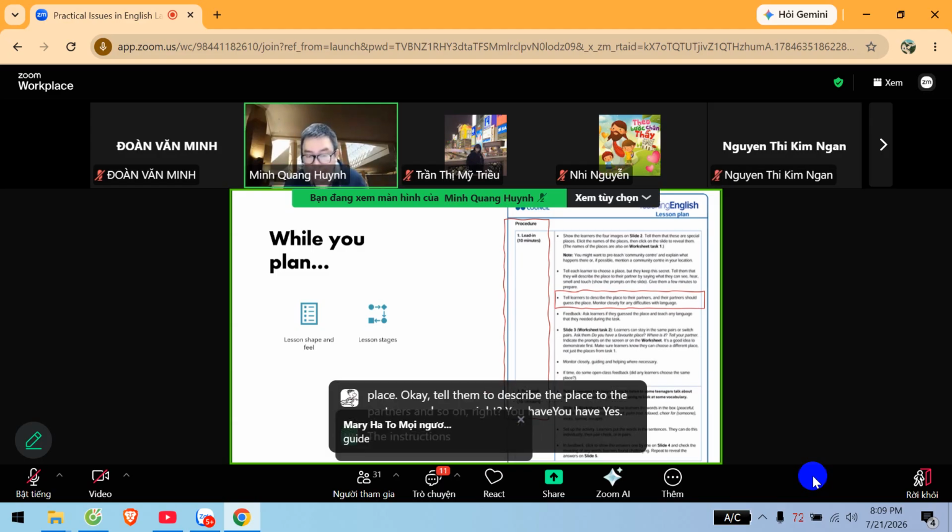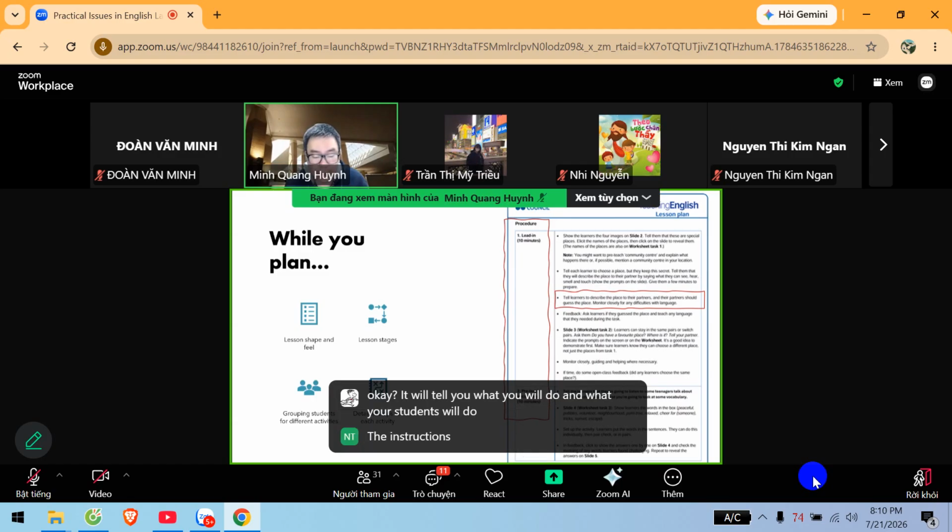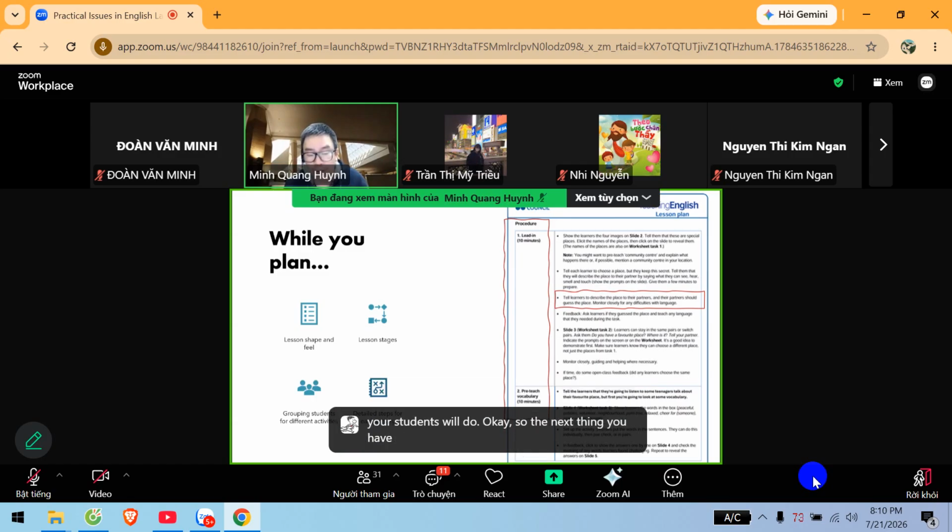The instructions tell you what you will do and what your students will do, okay? So the next thing you have is the steps or instructions for each activity, and also the plan for grouping, okay? So it tells you whether you work with a group, or with individual students, or with pairs and so on, right? So those are the elements of a lesson plan.